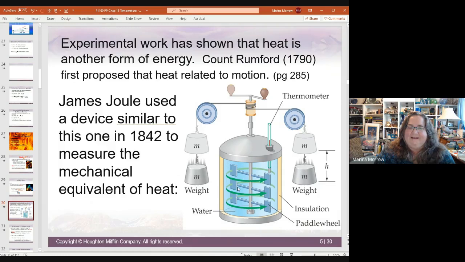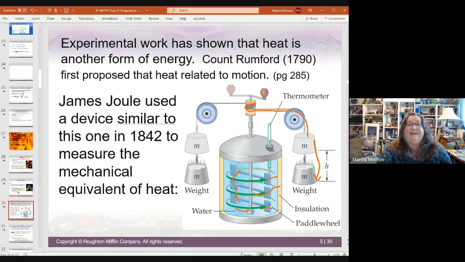His device here, you can see he's got some paddles in some water, and there is a weight that is allowed to fall down a certain distance. So it's losing potential energy. That energy causes the spindle to spin, which makes the paddles turn, and that is transferring energy to the water.